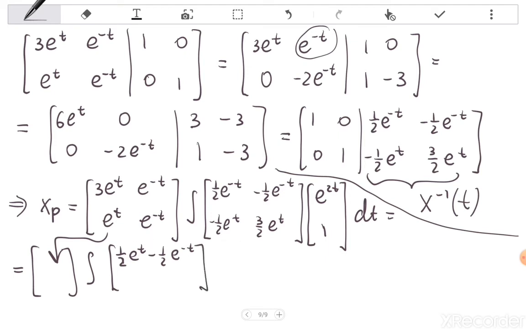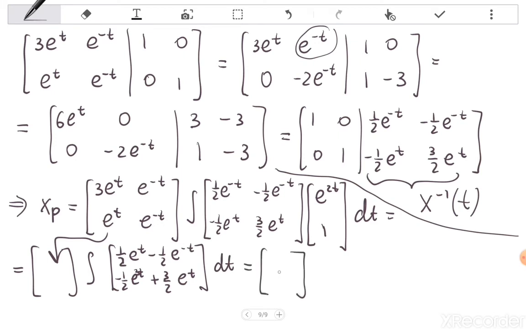Then this is the first term of this vector. The second term, we multiply the second row times this vector. We get minus a half e to the t... no, 3t, right? 3 e to the t times e to the 2t, we get e to the 3t plus 3 over 2 e to the t. This we need to integrate.